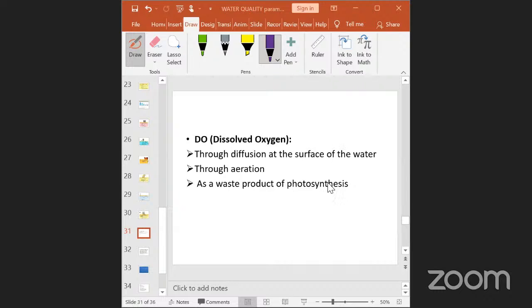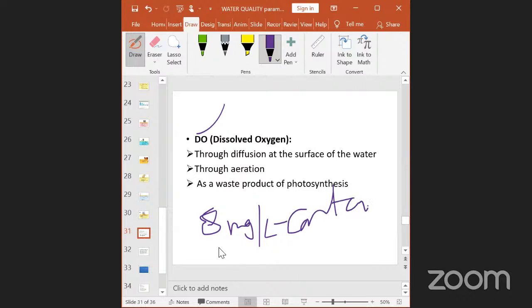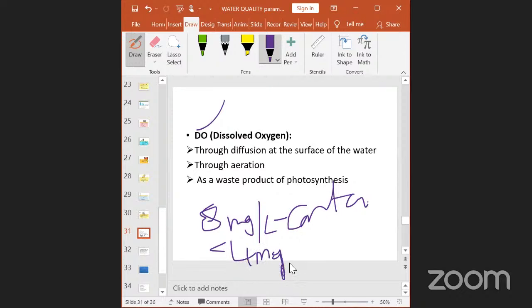Water having a DO content below 8 mg per liter may be considered contaminated, and below 4 mg per liter is considered highly polluted.